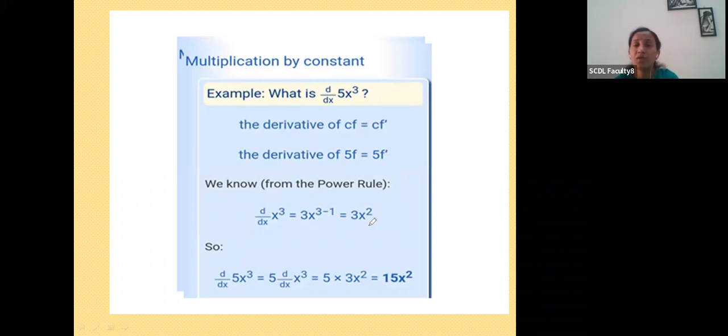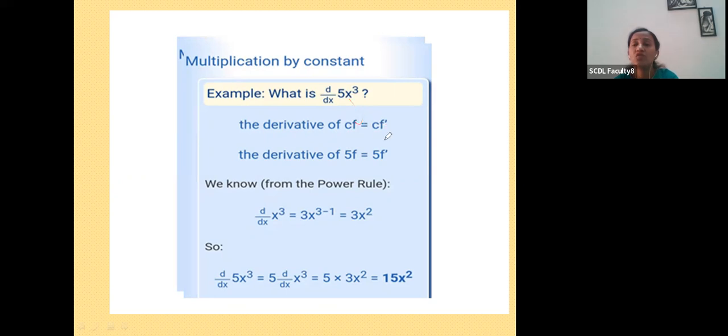Like this, we find the derivative of x cube. You can see here c and f are mentioned. C is any number, here 5, and f is x cube.